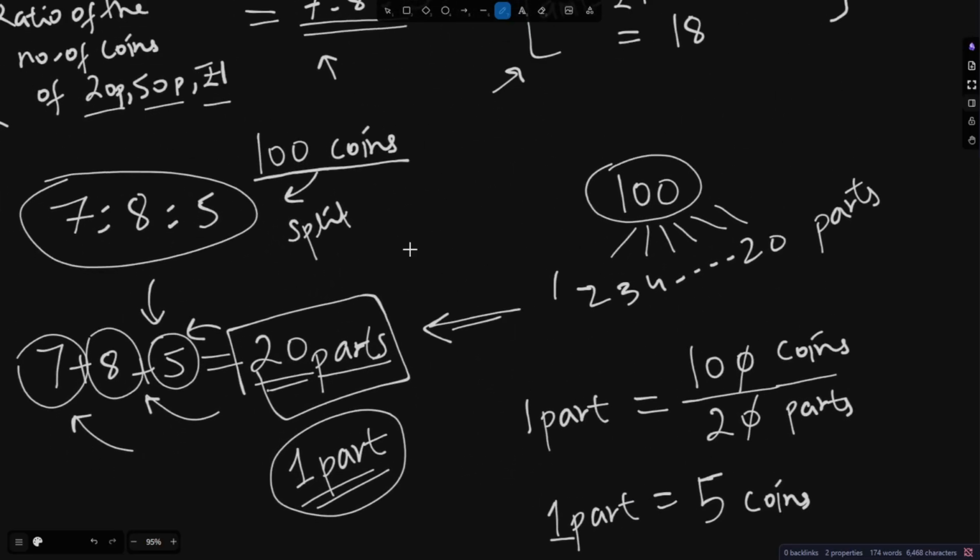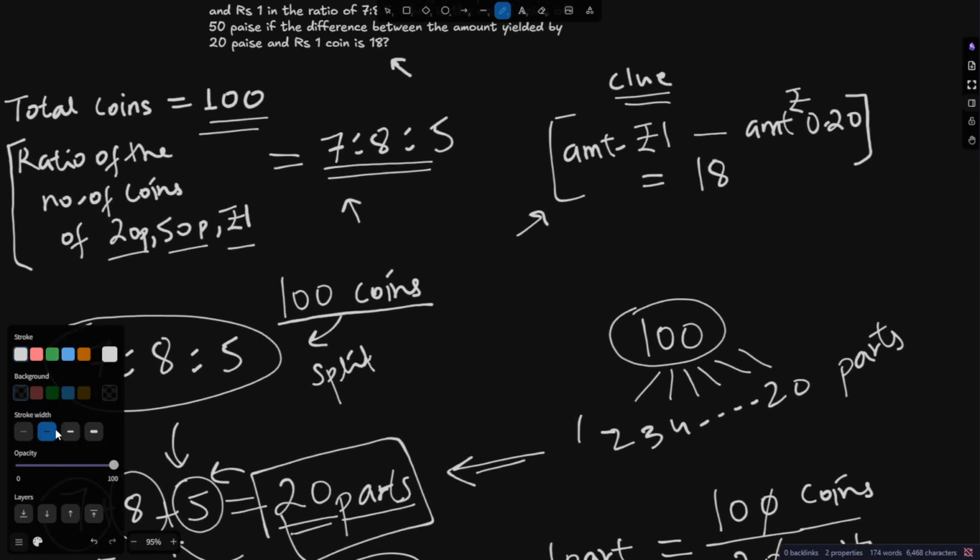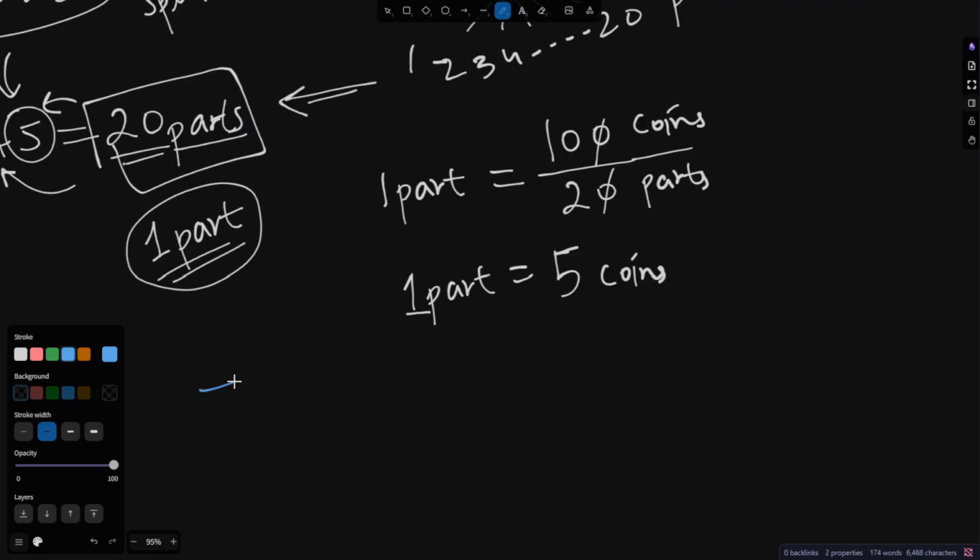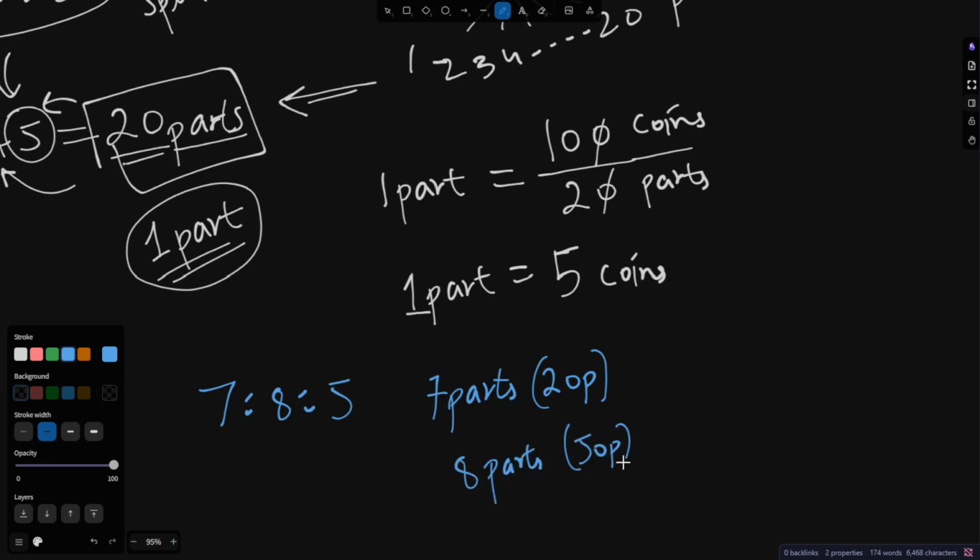So now this part becomes a little more useful to us. 7:8:5. 7 parts is for 20 paise. 8 parts is for 50 paise. And finally, 5 parts is for 1 rupees.